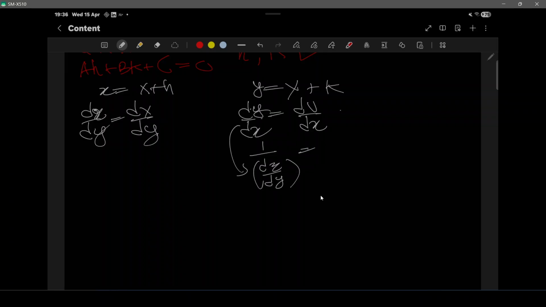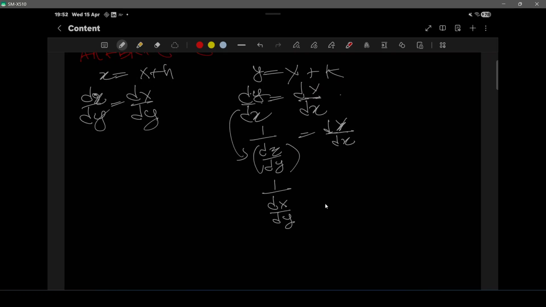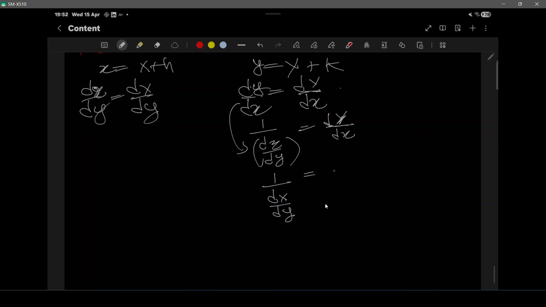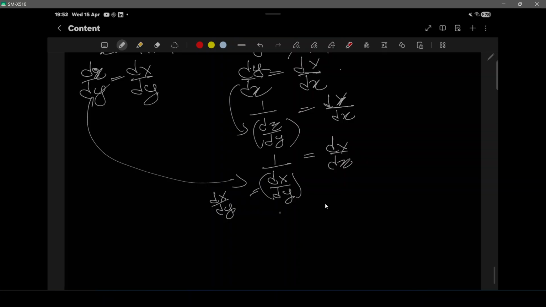So this is correct in the domain of single variable. So dx over dy is d capital X over d small y, and if you turn it upside down, you get dy over d capital X is equal to dy over dx.